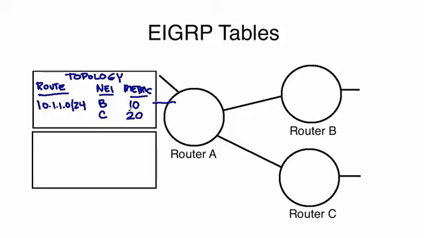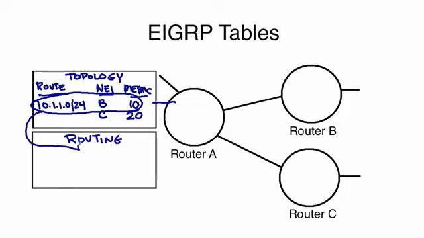Again, this is not the routing table yet. This is the topology table. And it has a metric, so let's keep it simple. The metric to router B is 10, and the metric to router C is 20. So for this simple example, let's say the router now realizes that the successor route, the best route, is going to be the path through router B. Now, once the DUAL algorithm has run and it realizes this, it takes that path and places the successor route into the routing table, in this case the IP routing table.